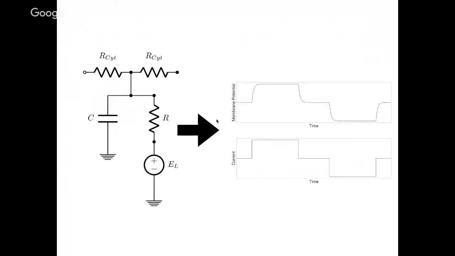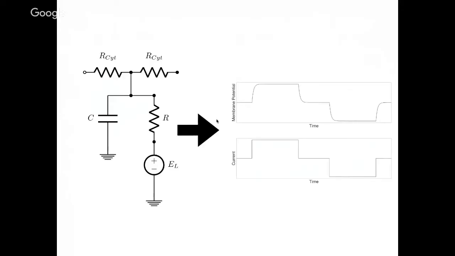The R value is slowing it, making sure that the membrane potential doesn't just skyrocket straight to the value that the current's inserted. And when you turn off the current, the membrane potential slowly decreases over time back to EL.